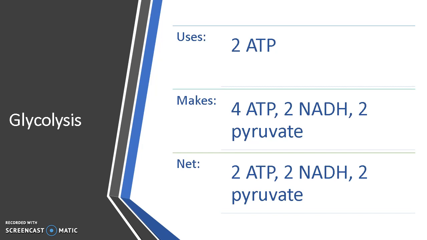Like activation energy, glycolysis also requires energy to begin in the form of 2 ATP. These ATP make it to where the glucose can be broken down into 2 three-carbon molecules called glyceraldehyde 3-phosphate, G3P.